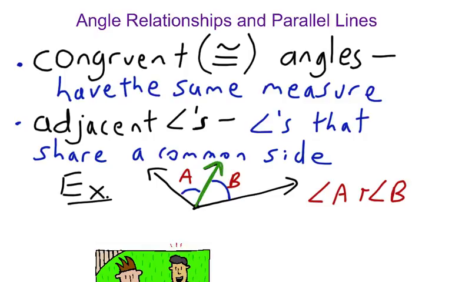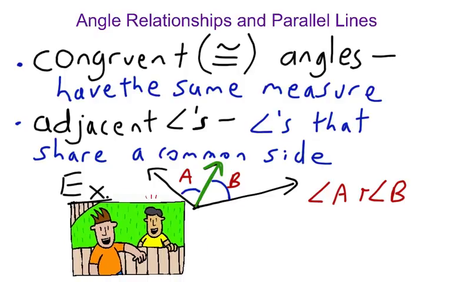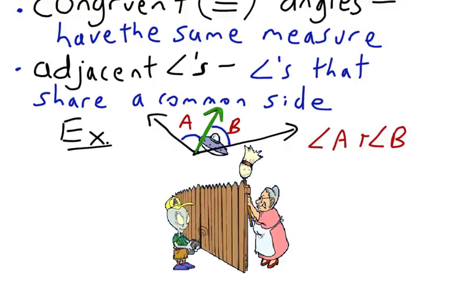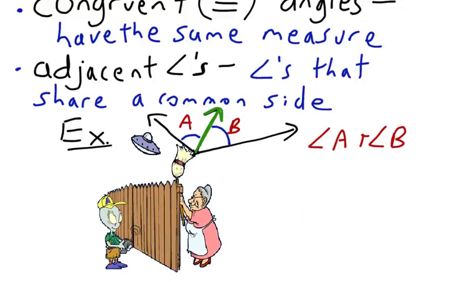They share that common side. So those two angles are going to be adjacent. They're next door neighbors. They're good buddies. Alright, so not all next door neighbors are good buddies. Well, we tried.